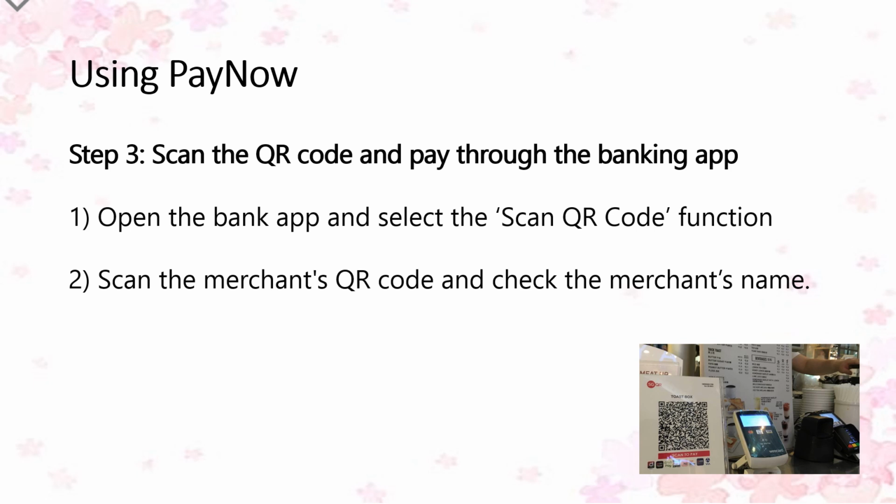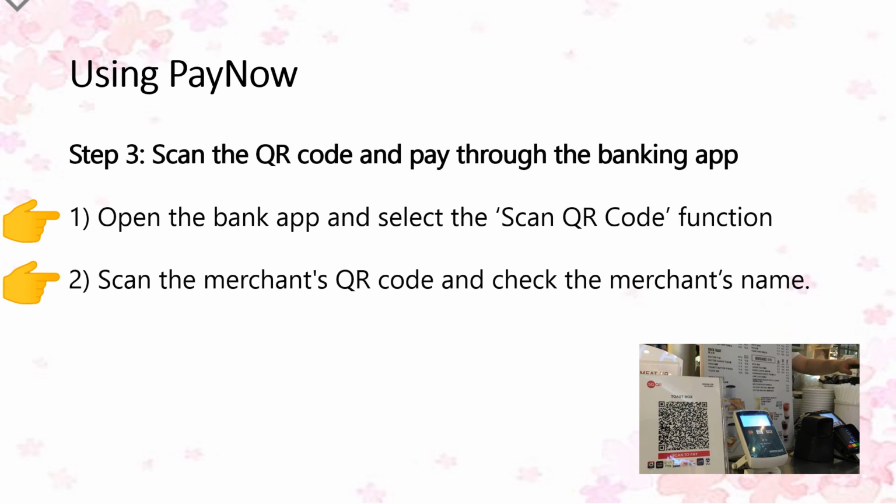Now, let's use PayNow. Like PayLah!, most merchants would have a QR code prominently displayed near or at their point of sales. After you have found the QR code, simply open the bank app and select the Scan QR Code function. Scan the merchant's QR code.